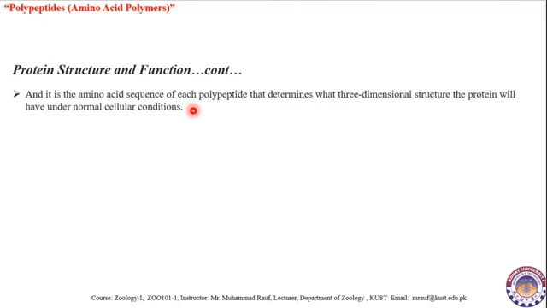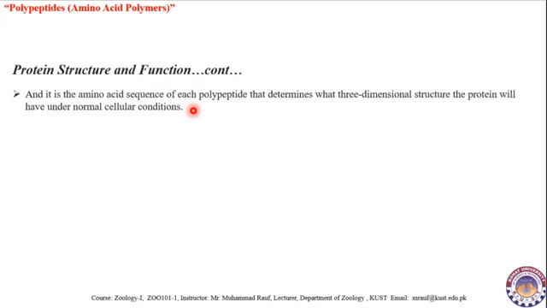And then in secondary structure, we have alpha helix and beta pleated sheets, where the skeleton of the amino acids is involved, and the R group does not participate. And then in the tertiary structure, the R groups participate in forming a variety of interactions with the R groups of the other amino acids in the chain. And then finally in the quaternary structure, we have two different or two same polypeptides interacting with one another.